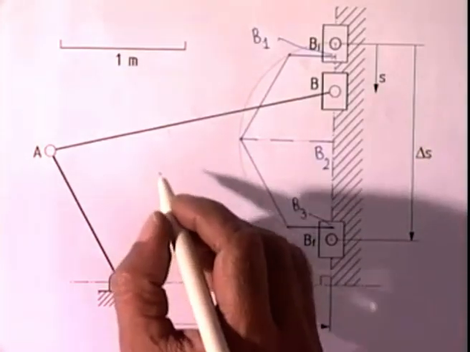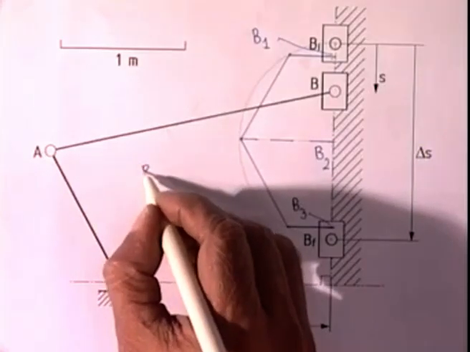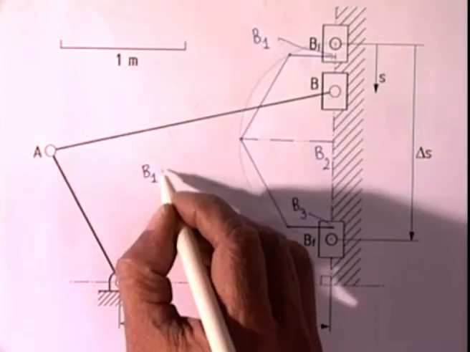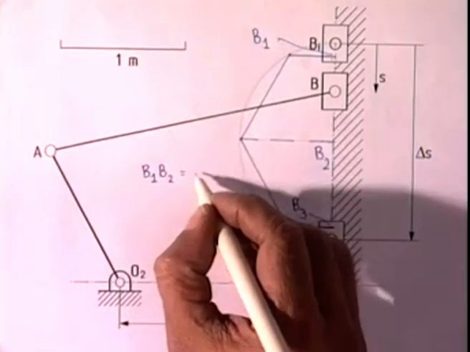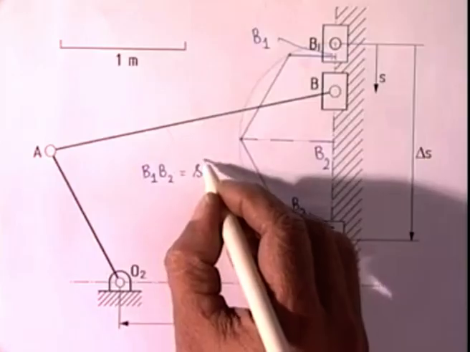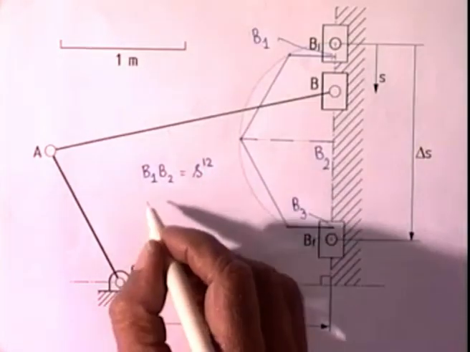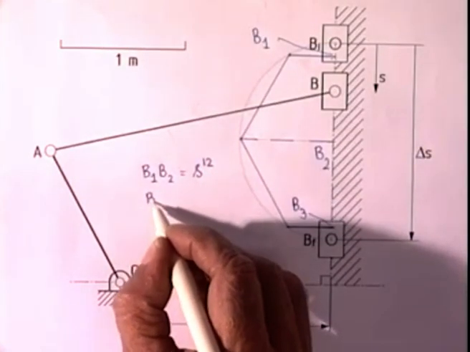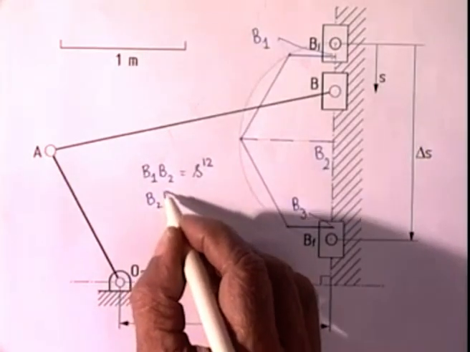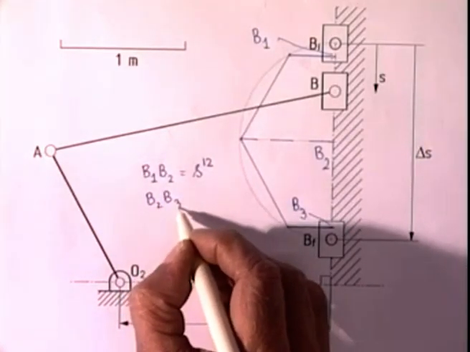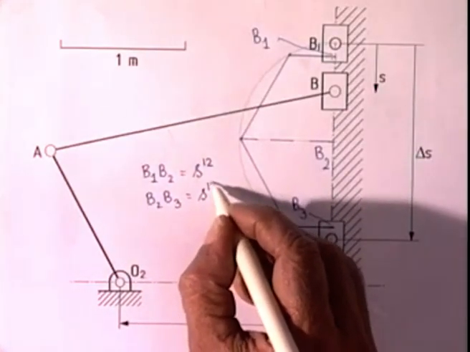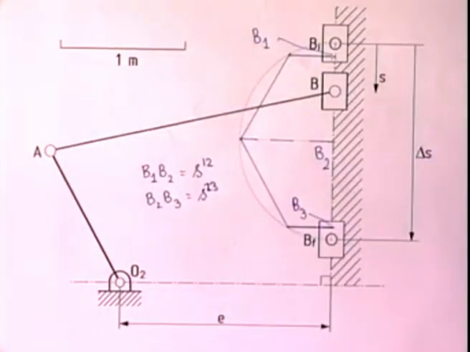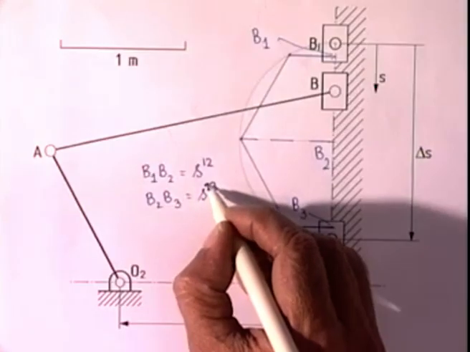So B1, B2, that is the travel of the fork, we represent by S12. Similarly, B2, B3, the travel of the fork from the second to the third accuracy point, is what I call S23. So S12, S23 is now known.